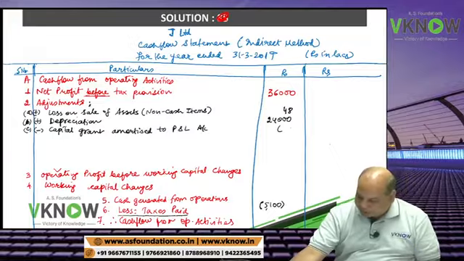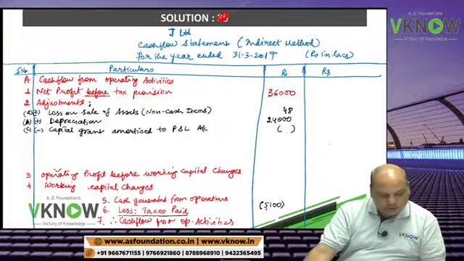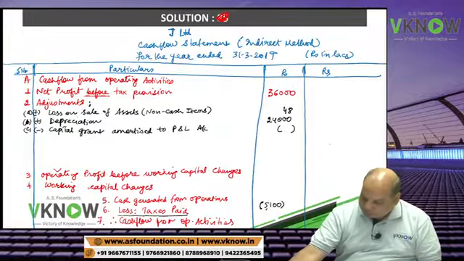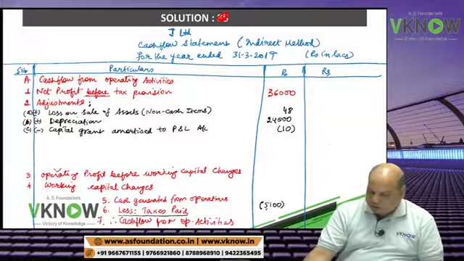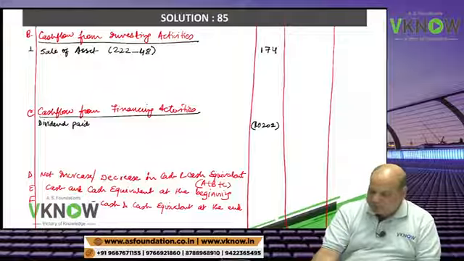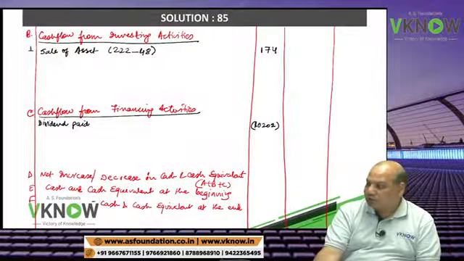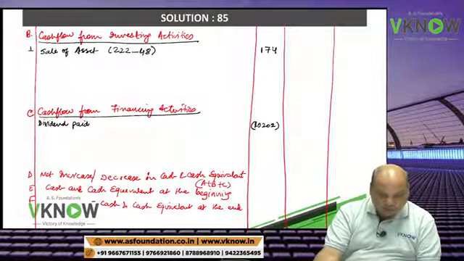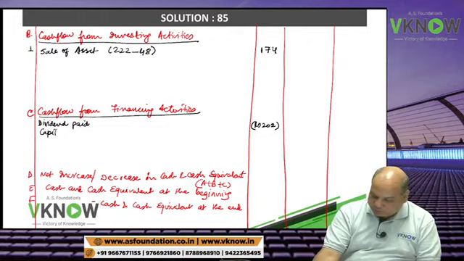You will write in bracket because it was credited to P&L account, 10. And the second effect of that will be in financing activity.